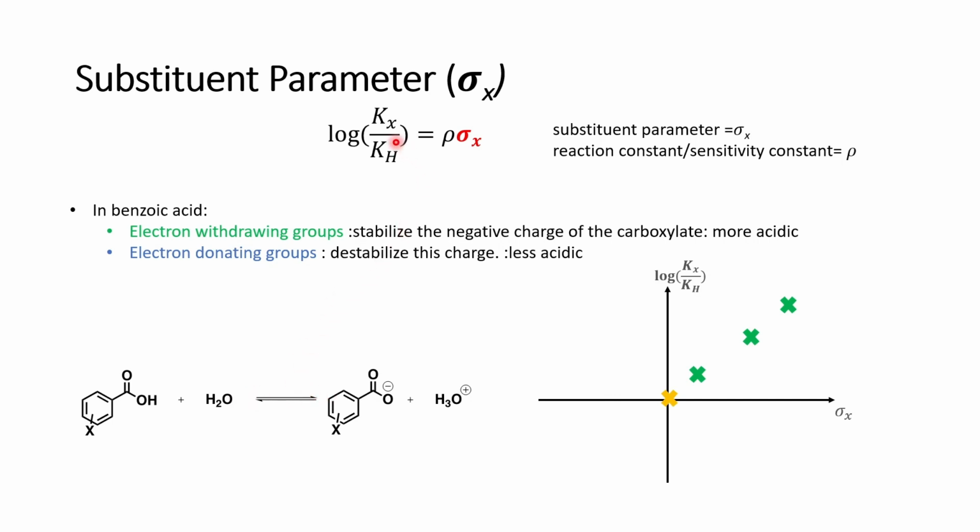So in that case, the Kx for the electron donating group should be lower than the normal benzoic acid acidity equilibrium constant. And because of that, if we plot that, we should get negative values, or values less than 0, for this equation. So if we plot the whole substituent effect, we should get a positive slope for this benzoic acid reaction.